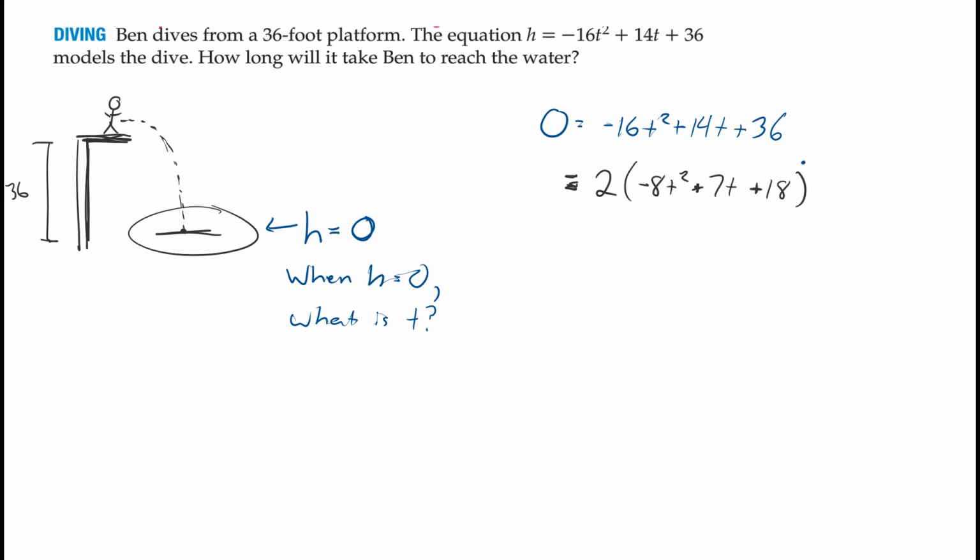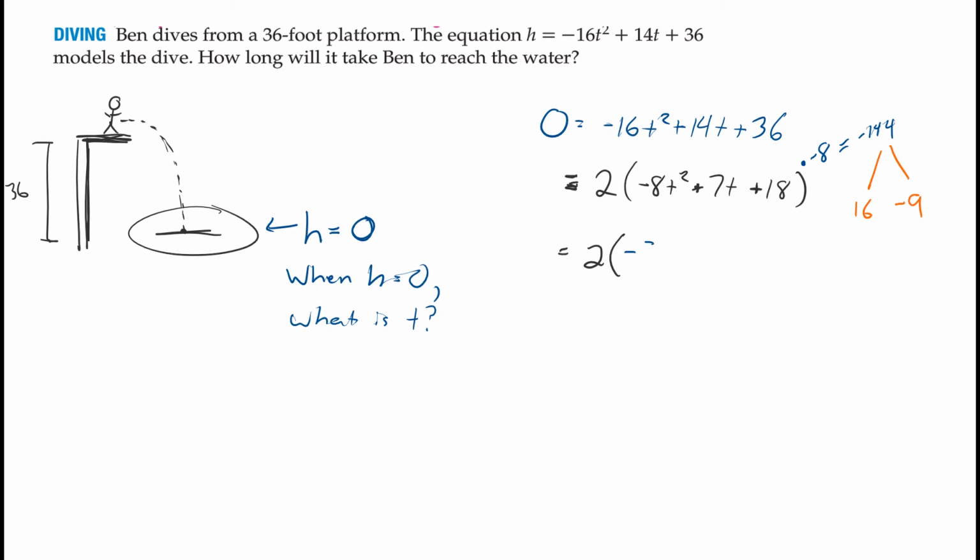So I'm going to try the dividing out method, and I'm going to multiply by negative 8. 18 times negative 8 gives me negative 144. And I'm looking for factors of negative 144 that add up to 7. And I already thought about this a little bit before, actually, because dealing with such big numbers, it might be difficult to find this. But it is, in fact, the two numbers being 16 and negative 9.